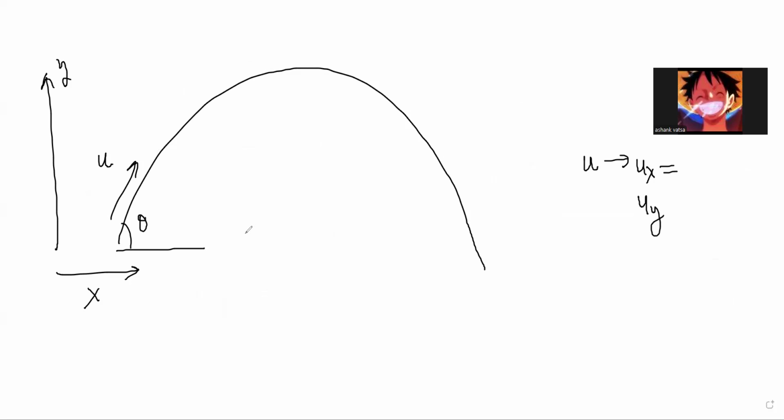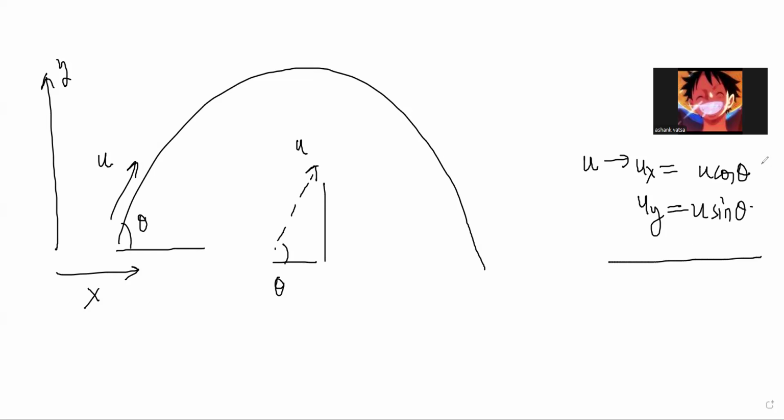If you see this situation, there is a triangle like this, u is like this, theta is like this. So we have to find out ux, correct? Yes, sir. u cos theta. And similarly, uy would be u sin theta, right? Yeah. The reason we are writing them separately as ux and uy is because we will solve them separately. The motion in x will be solved separately and the motion in y will be solved separately.